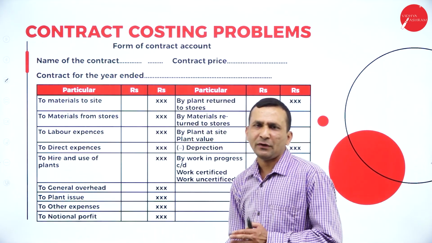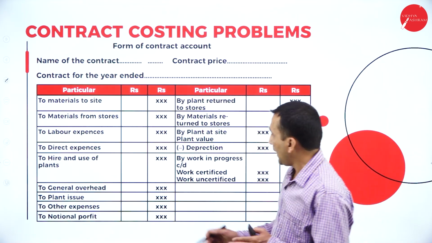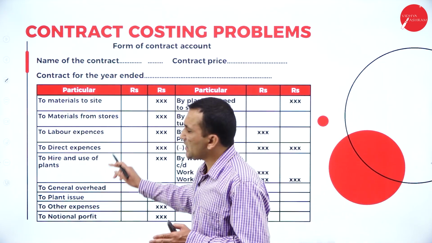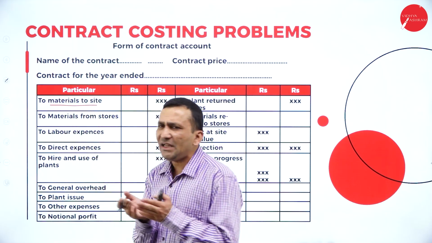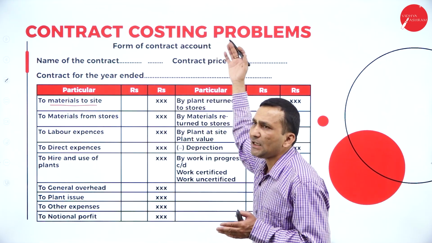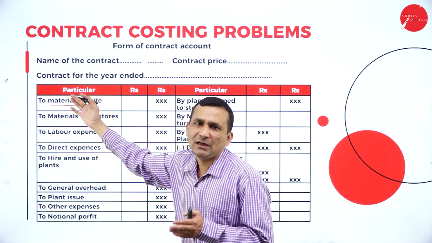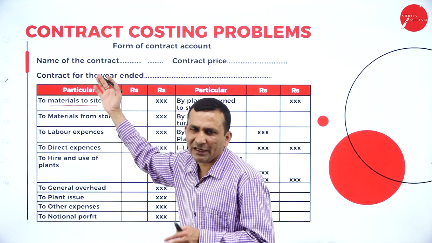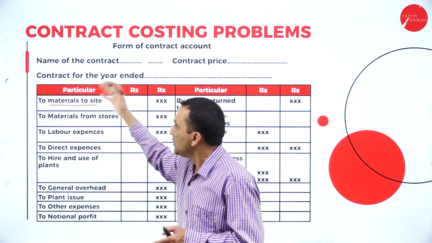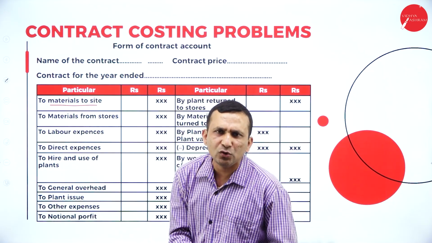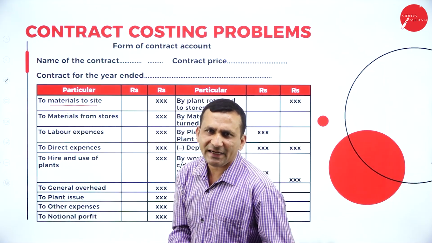There are different types of format problems you are able to identify. In this contract cost, the first one is material to site, because whenever the contractor sends material to the site where the contractee has assigned the construction work, it is a direct expense.